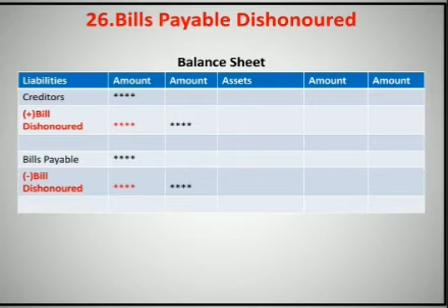We have to add to the particular creditors and we have to deduct from the bills payable when the bills payable gets dishonored. As you must be knowing, dishonored means whenever the debtors don't pay the money on due date, that bill gets dishonored.